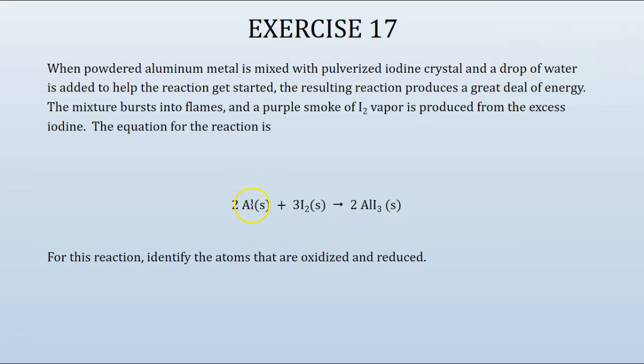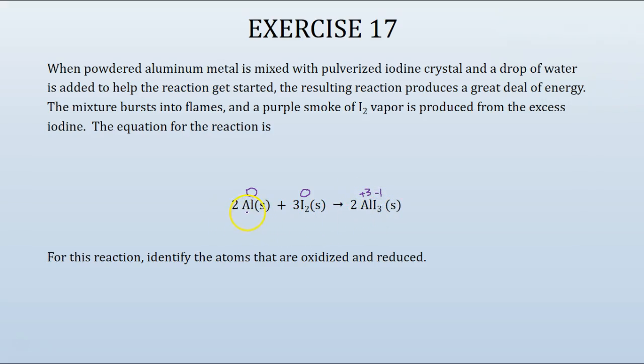So first of all, we have aluminum as a solid. Well, that's an element. Aluminum as an element has a 0 charge. Iodine is a solid. What's I2? It's its diatomic form, so it's its elemental form. So it also has a 0 charge. Then we come over here and we look at this compound. We have AlI3. Well, that's easy. Al is a +3. I is a -1. So now we have all of the charges of our substance.